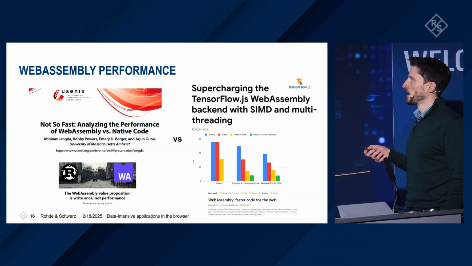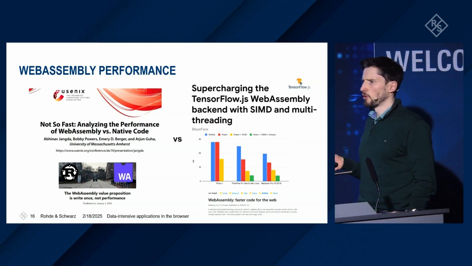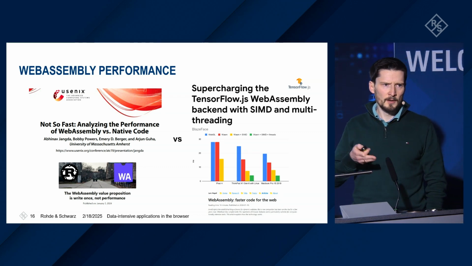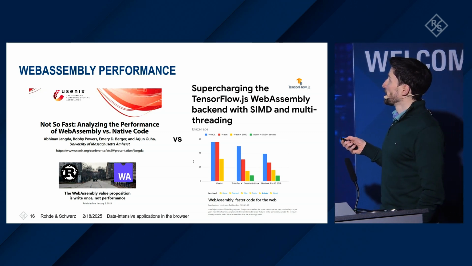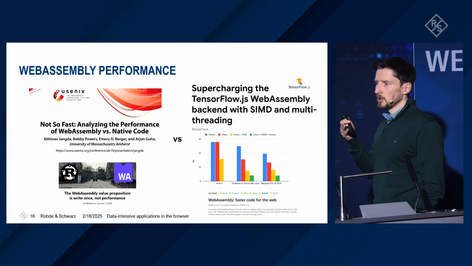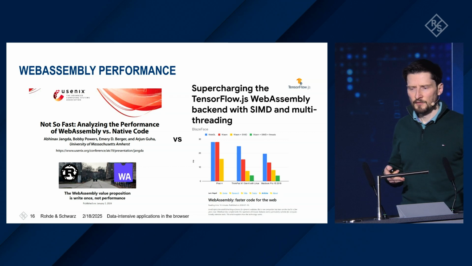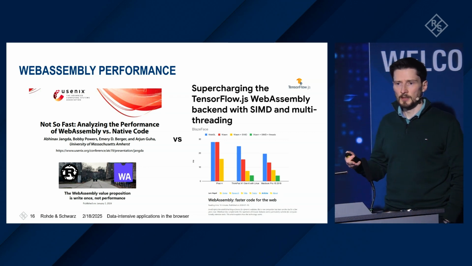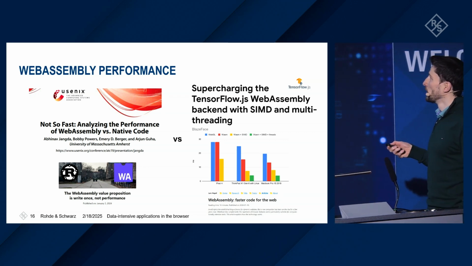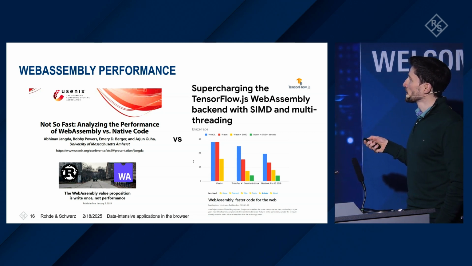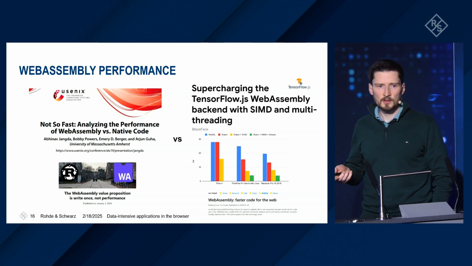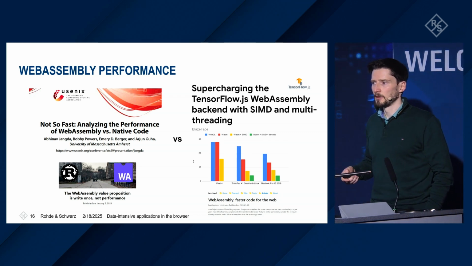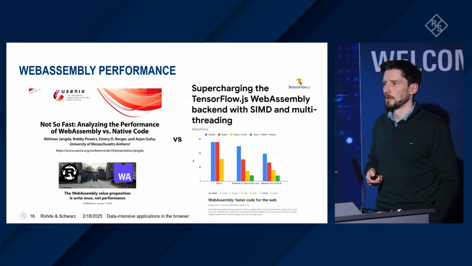But if you take this paper, it's about 40% slower for their specific applications. But if you take, for example, TensorFlow.js, they are really seeing a massive speedup if they're using WebAssembly combined with SIMD. They even outperform WebGL on smaller models and are competitive on even large models with executing the code via WebGL on the GPU.